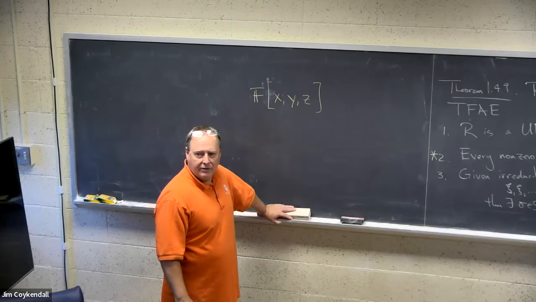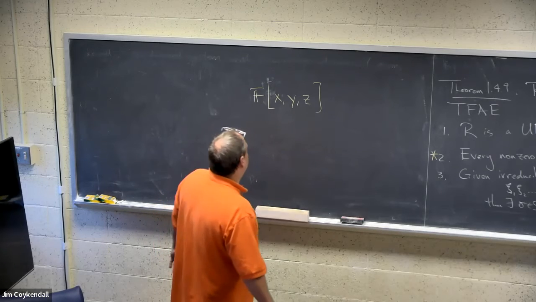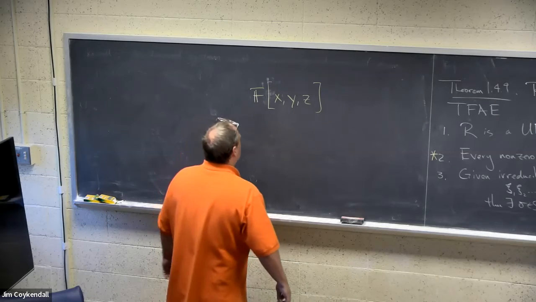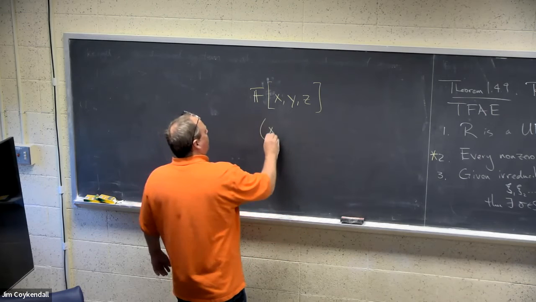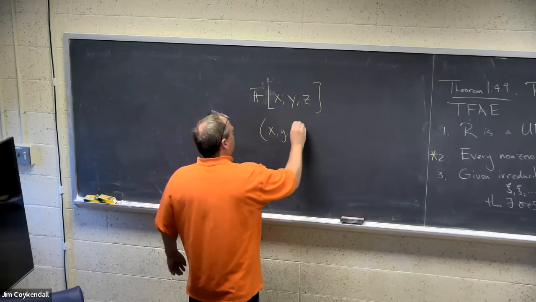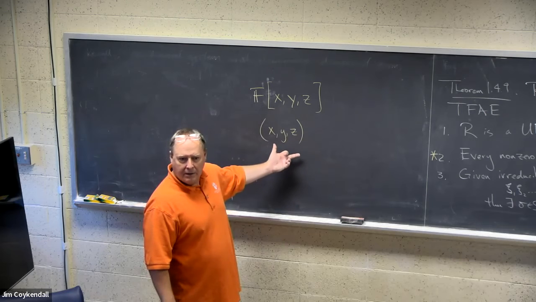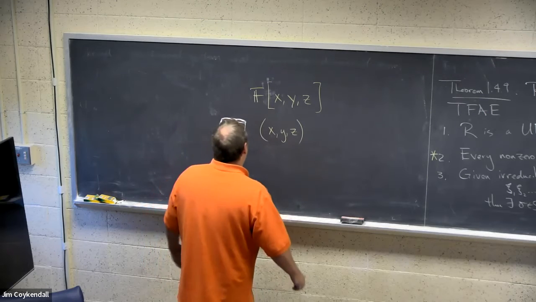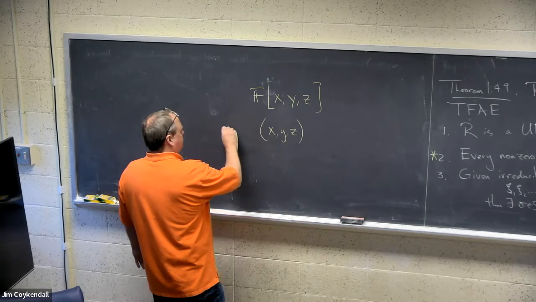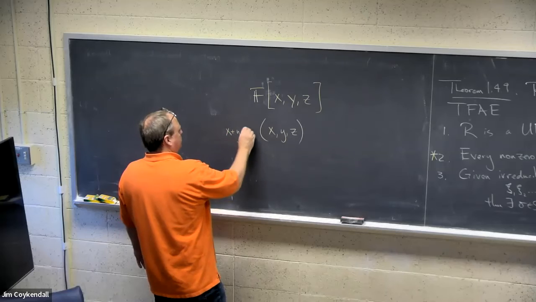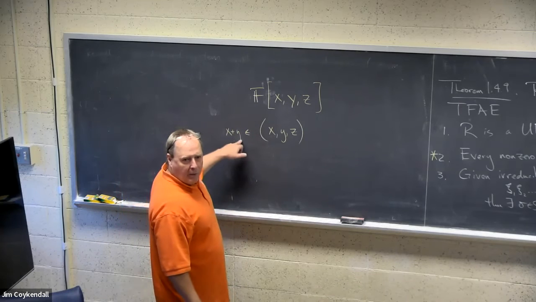Right? You have unique factorization. We'll get to that later. Here's a non-zero prime ideal. And in fact, this is a maximal ideal. And there's a non-zero prime element in it.